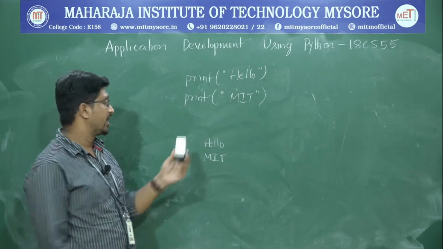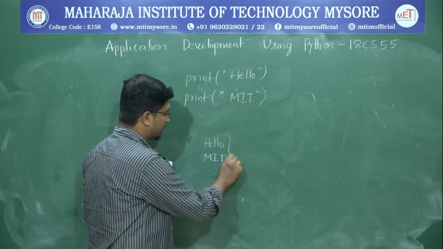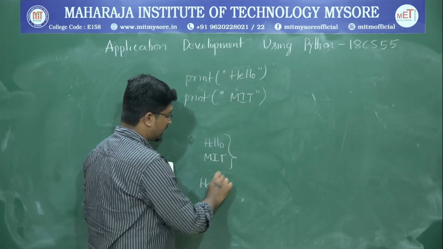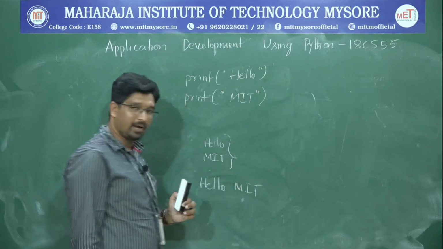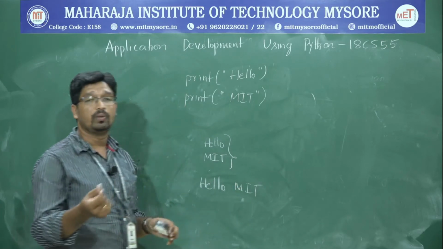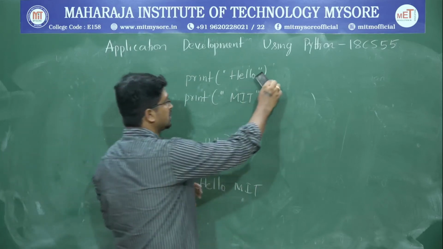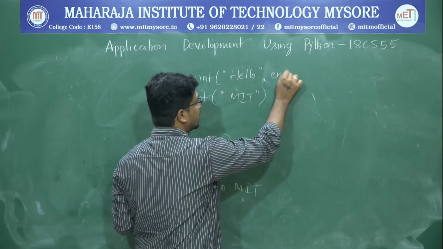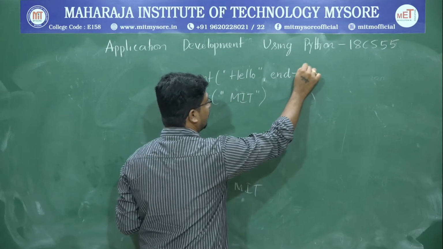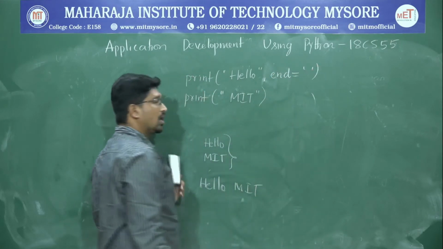But still, if you want to overcome that, let us say I want output like this. Instead of this output, I want hello space MIT, hello followed by MIT. Then you need to make some changes. Changes is this: hello comma, there is a keyword called end, followed by single quote.